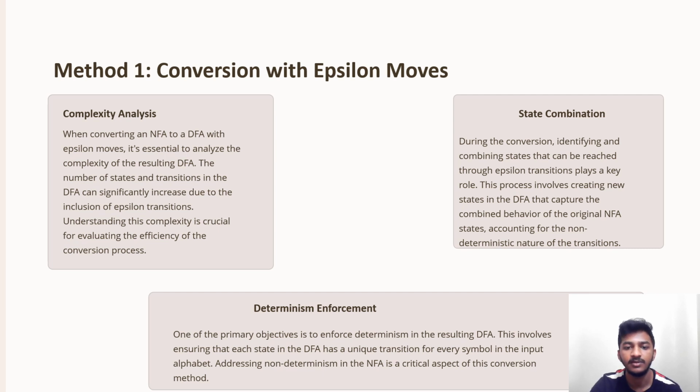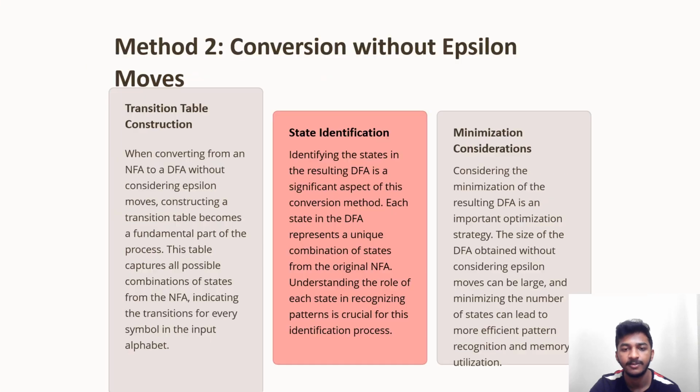Determinism enforcement: one of the primary objectives is to enforce determinism in the resulting DFA. This involves ensuring that each state in the DFA has a unique transition for every symbol in the input alphabet. Addressing non-determinism in the NFA is a critical aspect of this conversion method.